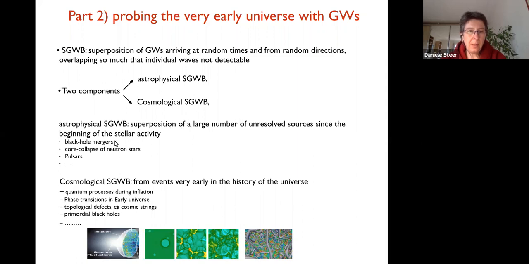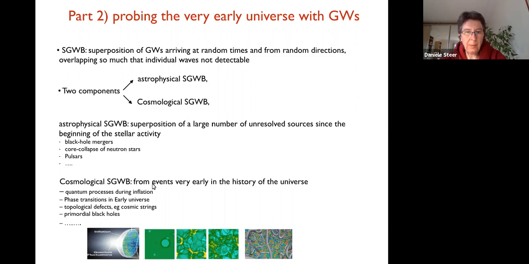There's going to be a large number of black hole mergers and other astrophysical events which can source gravitational waves, but too weak for us to be able to resolve individually. And these will contribute to the astrophysical background, which is generally larger than the cosmological background, which, as I said, is the one that we want to focus on.